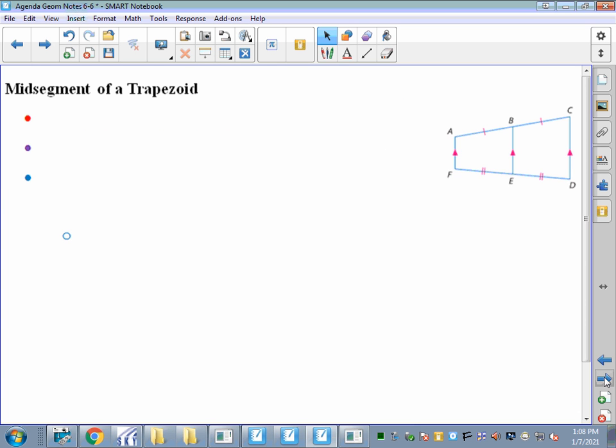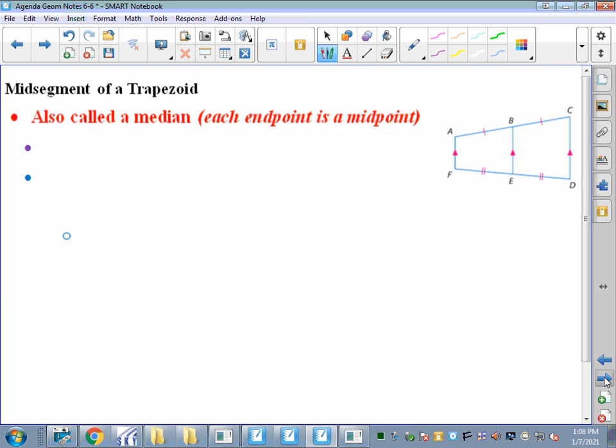Now, 100 years ago, when I first started teaching geometry, we used to call these medians. So the mid-segment of a trapezoid is also called a median. I like median better because we know that median is the midpoint and it's in the middle, right? And that means that I know that in this isosceles trapezoid, the bases are AF and CD.